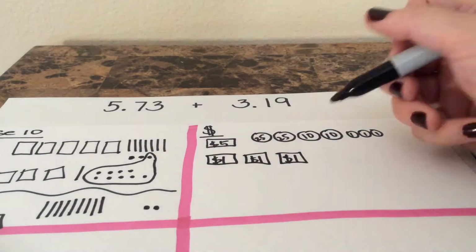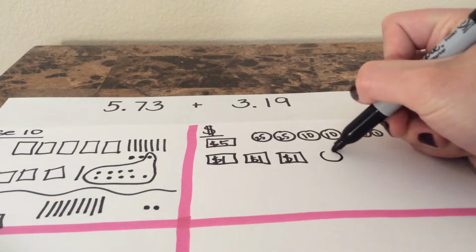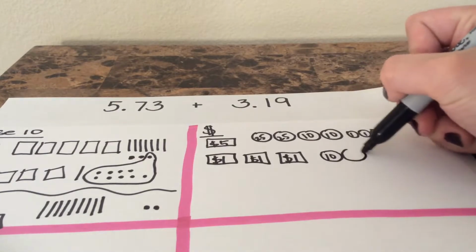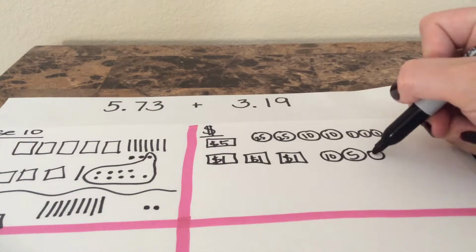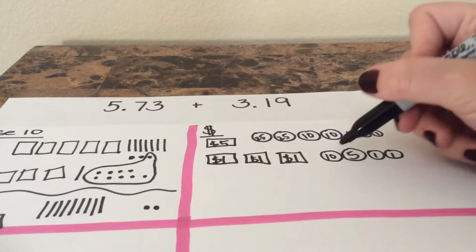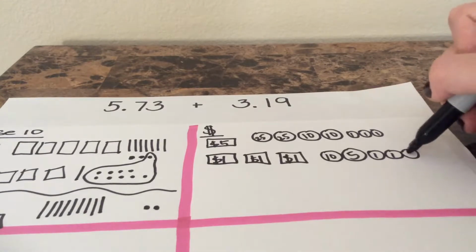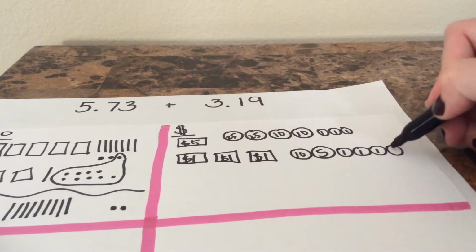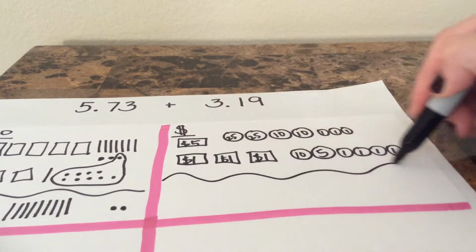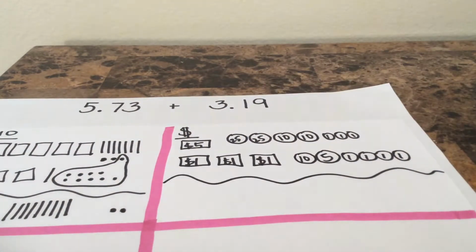And we have to show 19. Well, the most efficient way to do that would be a 10, a 5, which gives me 15, 16, 17, 18, and 19. I'm going to show a squiggly line to show that I'm going to add those together. Once again, I always start with the ones column.